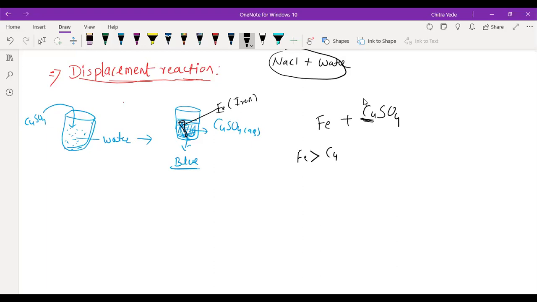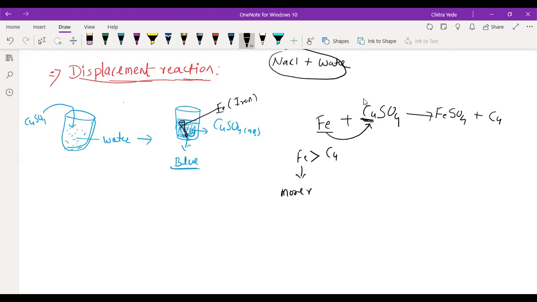So what will ferrous do? Ferrous will displace copper from its salt, from its compound, and will form ferrous sulfate. The compound will be FeSO4, and copper will get separated. So what happens here? The more reactive, see, ferrous is more reactive.